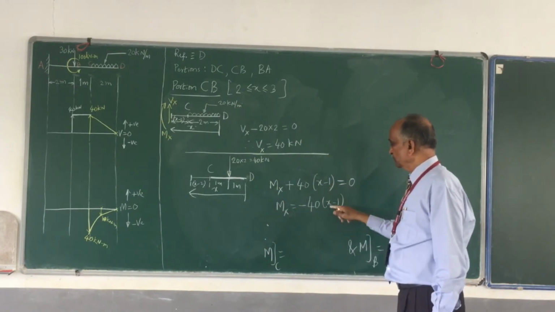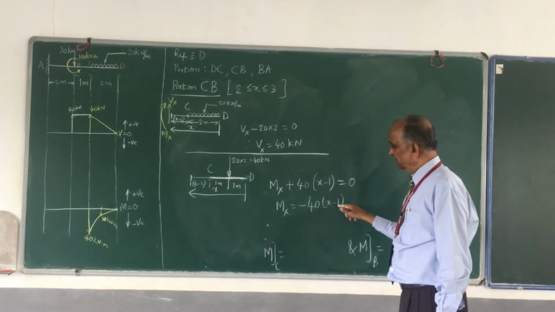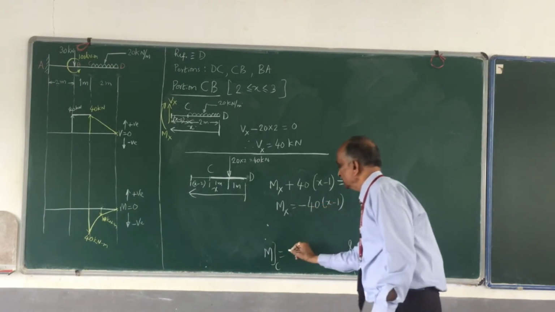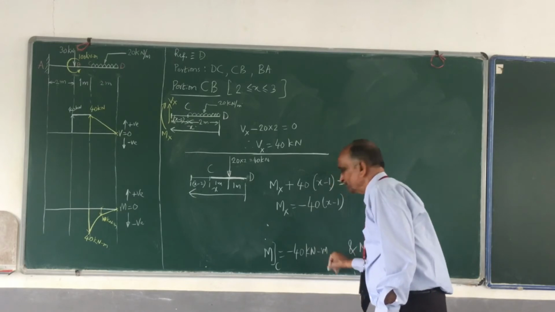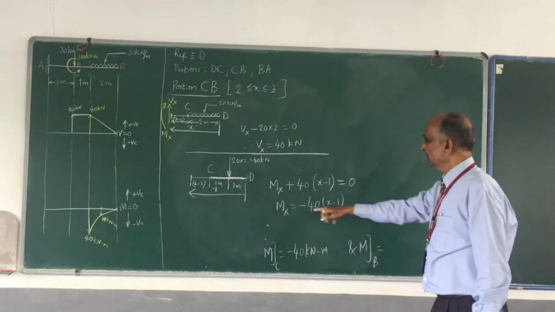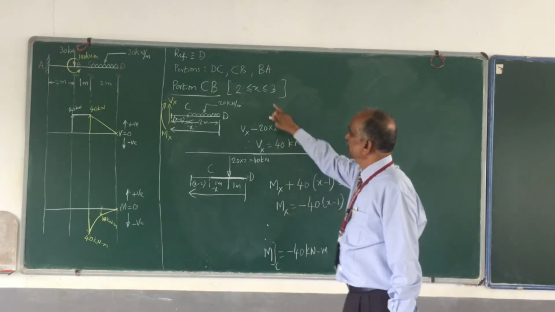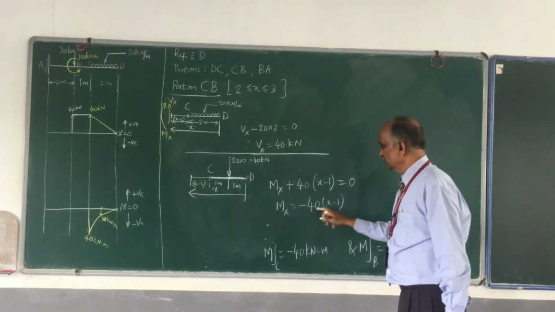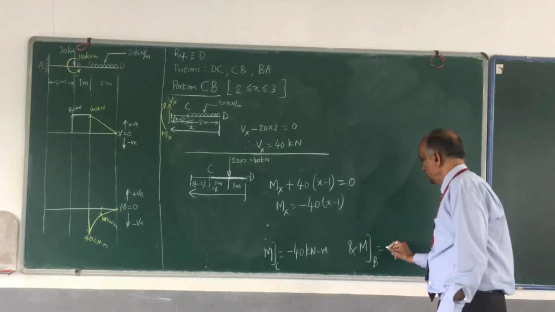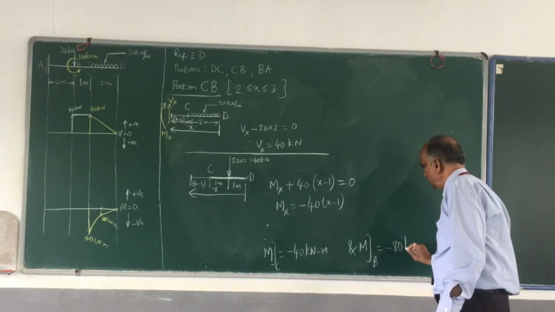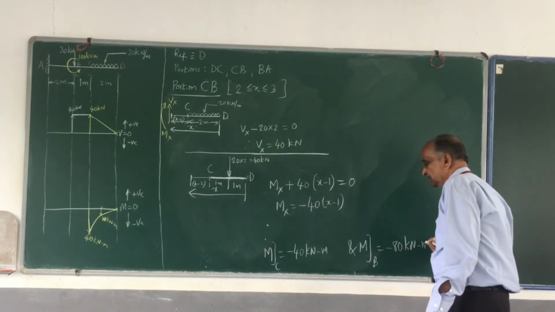So 2 minus 1 is 1, 1 into minus 40. This is minus 40 kilonewton meter. And for B, substitute x equal to 3. So 3 minus 1, that is 2. 2 into 40, 80. This is minus 80 kilonewton meter.